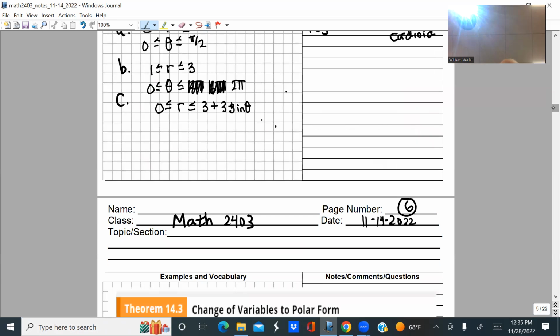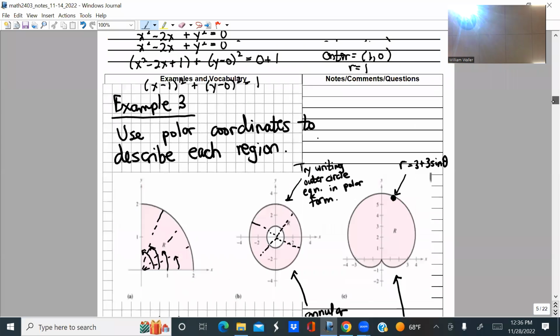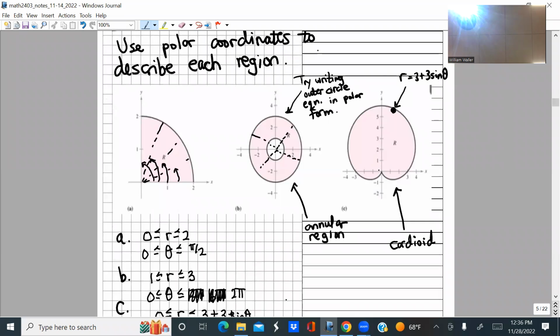I'll just tell you here the correct values for theta are 0 and 2 pi. Normally, if you have in polar coordinates a closed curve like this, theta will run from 0 to 2 pi.